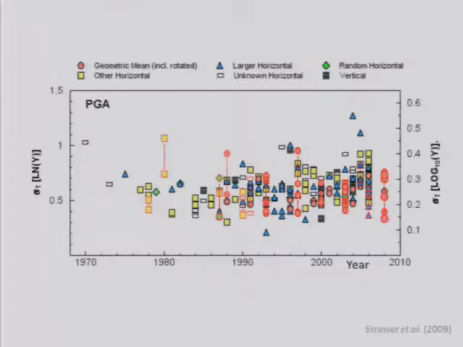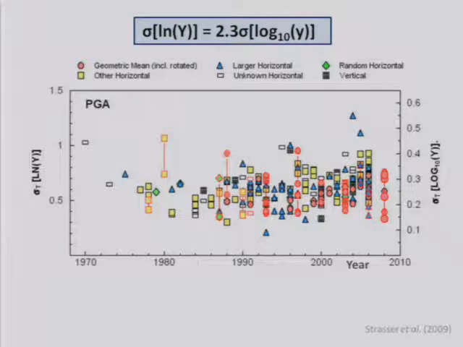This plot shows sigma values for PGA, given in natural log here and log 10 there. The conversion is obviously that, against the date at which the empirical equations were published, back from 1970 to the most recent models, which are primarily the NGA. And you can see the values are fairly large, and most importantly, they're not getting any smaller with time.